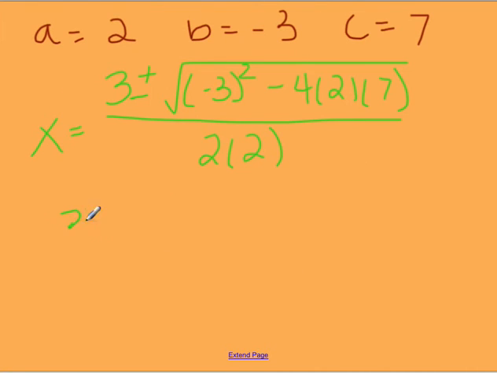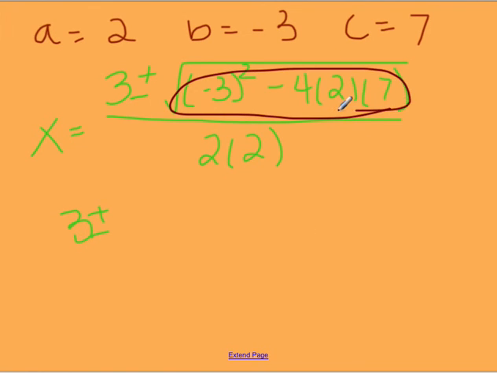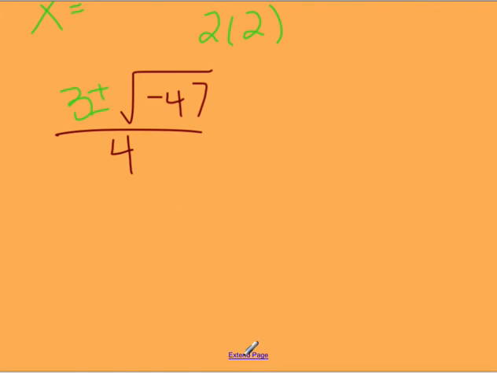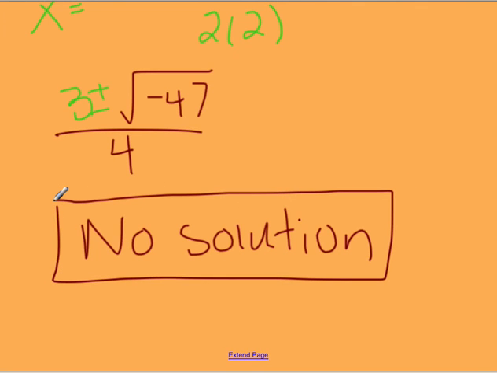So then you get 3 plus or minus. Now you need to simplify what's underneath that radical. When you do that, you end up with negative 47. We can't have a negative number under the radical, so when we have a negative number, we automatically know that there is no solution. So the answer for number 4 is no solution.